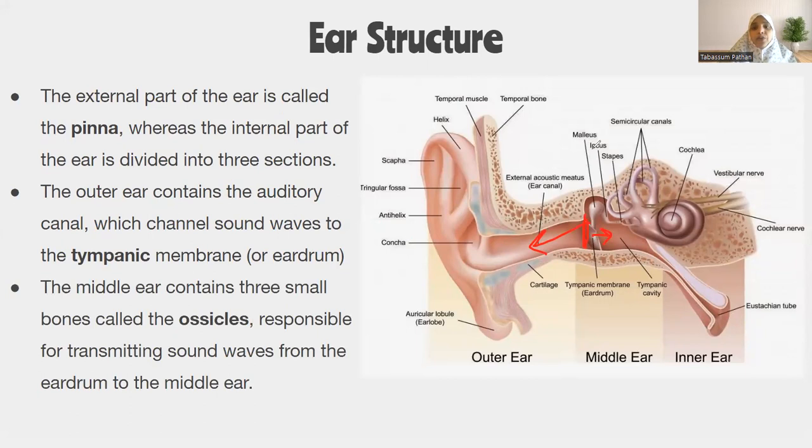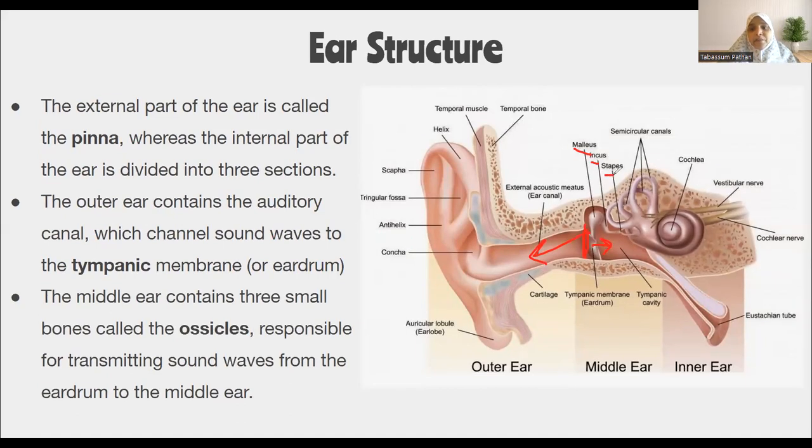Then moving to the middle ear. In the middle ear, you see all these structures: malleus, incus, stapes. Together they are known as ossicles. The middle ear contains three small bony structures, three small bones which I have just named: malleus, incus, and stapes. They are known as ossicles.